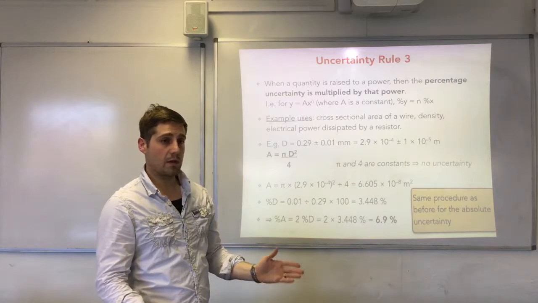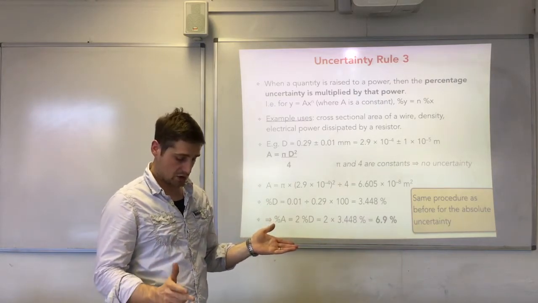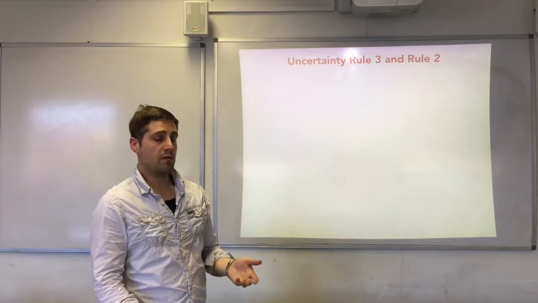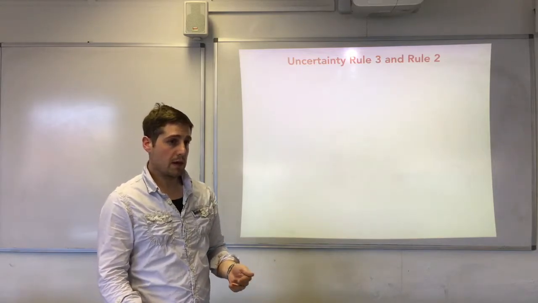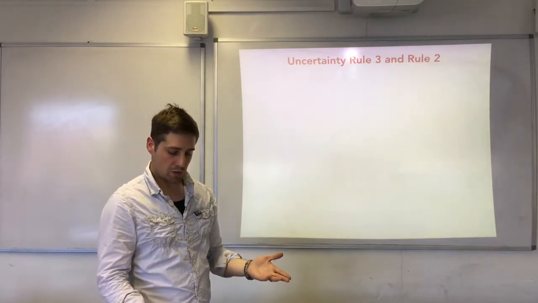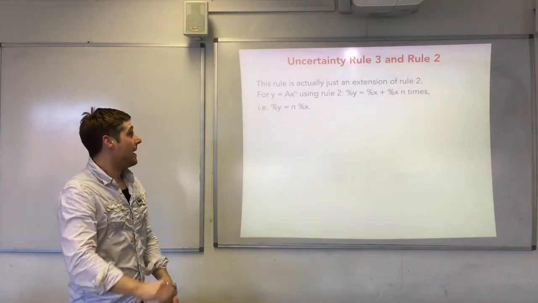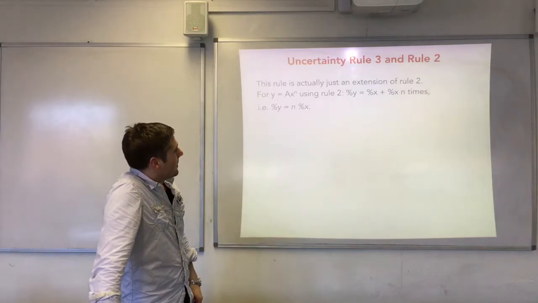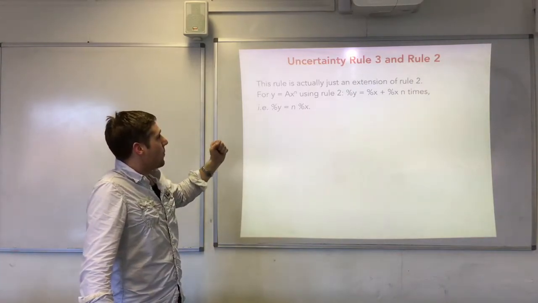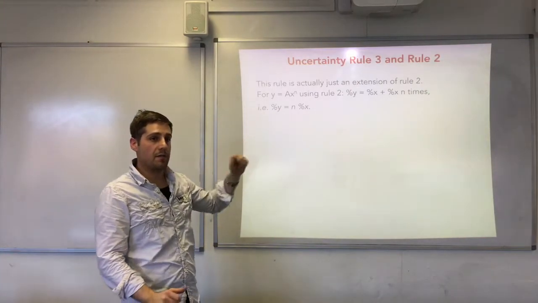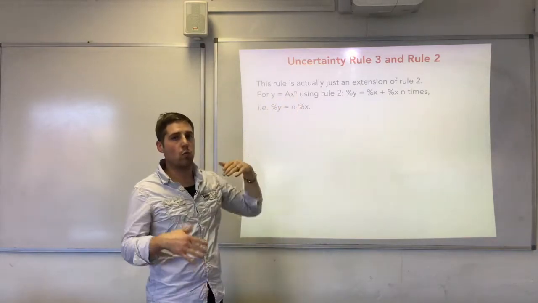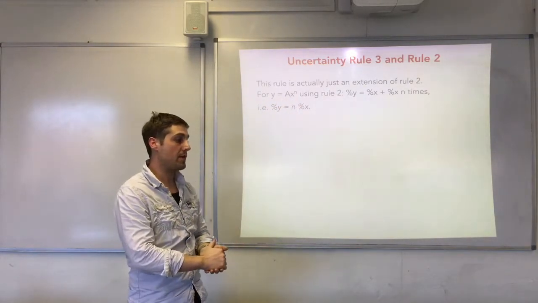This is just a little extra to say that Rule 3 is just an extension of Rule 2. This is not new content that you would actually need to know. Okay, so for this equation that I had before, y is ax to the power of n.